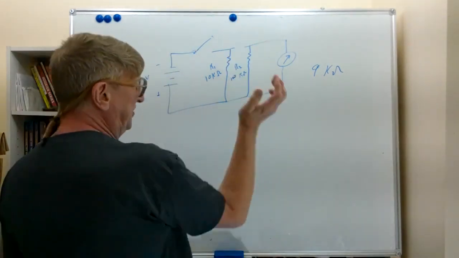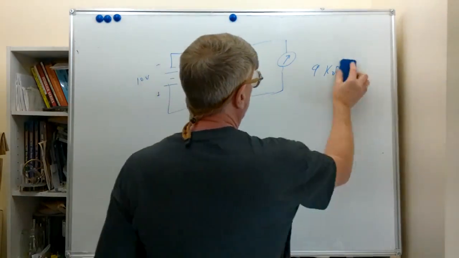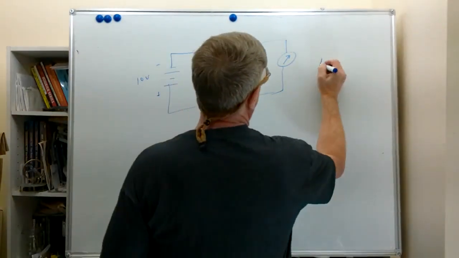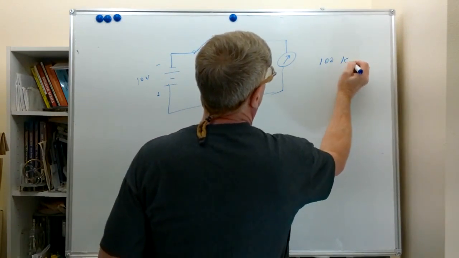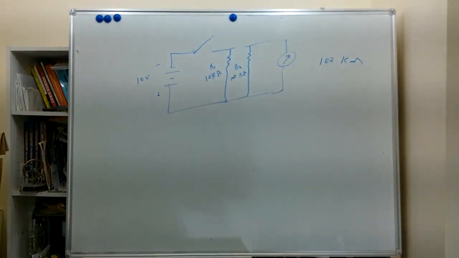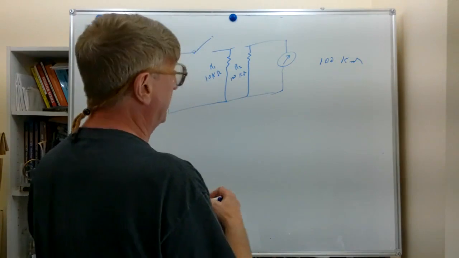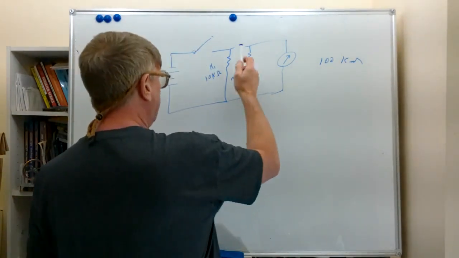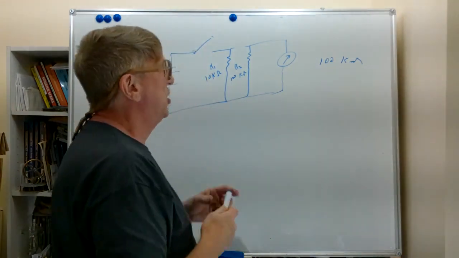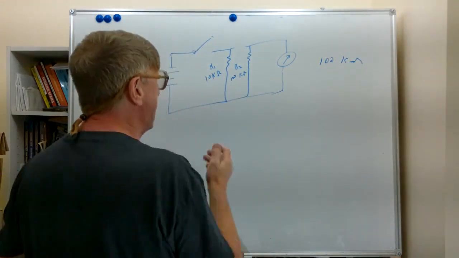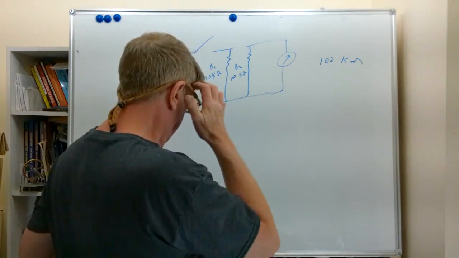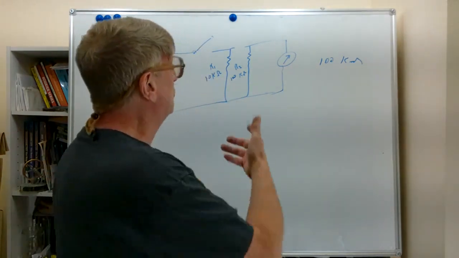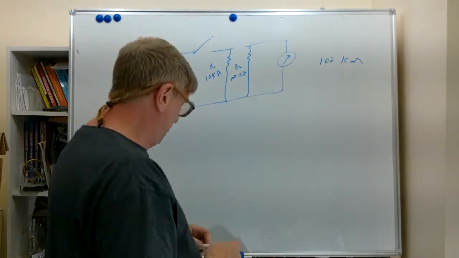Now when we disconnect one end, we're going to see the full resistance of this R2, which should be 100 k ohms. But if we saw 50 k ohms, we'd know it was bad. Where 50k in parallel with 10k or 100k in parallel might not be that much difference. But so you want to take a resistor, at least one end out of the circuit before you read something.